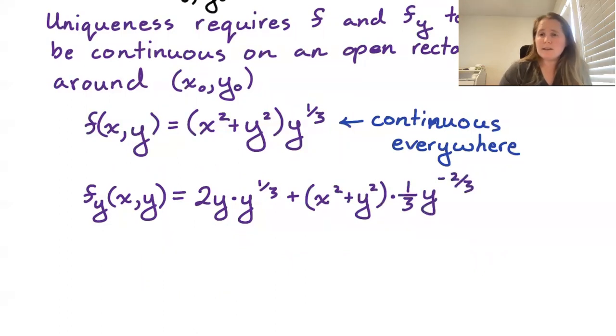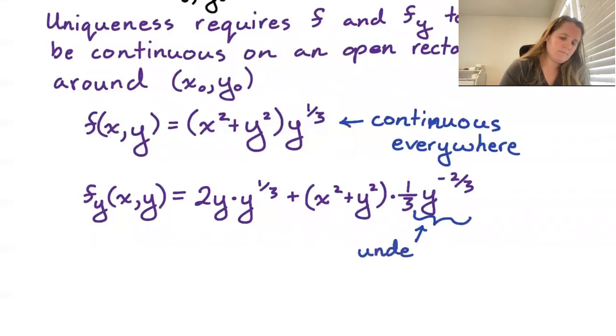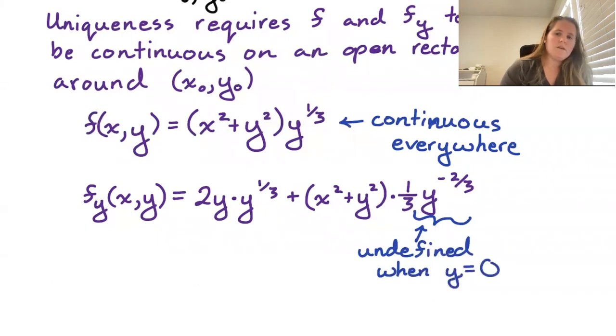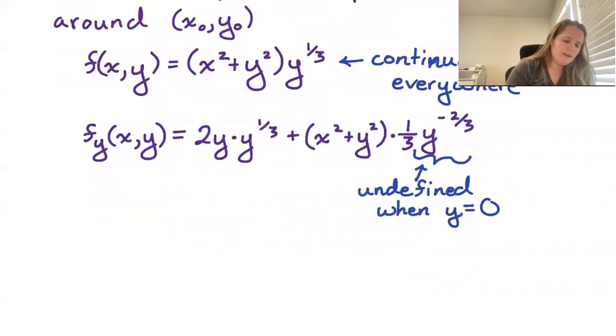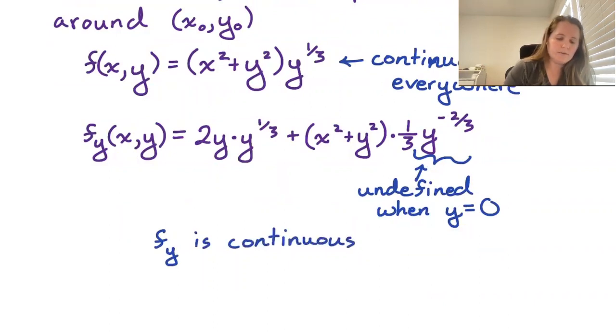This y to the negative 2/3 is the only part that will give us some complications. Y to the negative 2/3 is undefined when y equals 0. So we get that f y is continuous everywhere except when y equals 0.